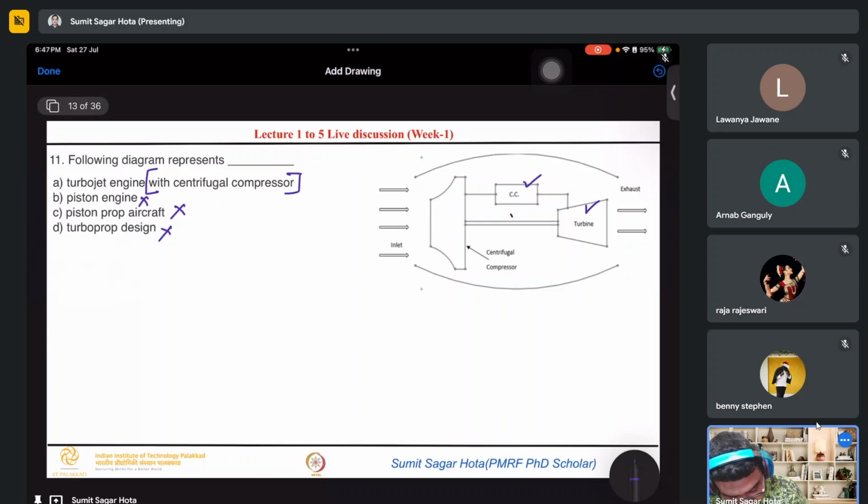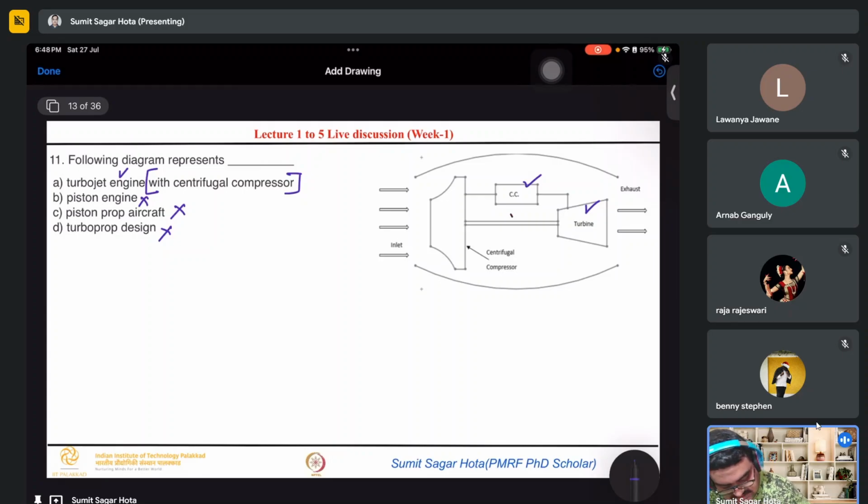So this is not a correct way of telling. Then the turbojet engine can be the case, because turbine plus combustion chamber is there and one compressor is also there. So it's obviously a case of what? Turbojet engine. Since it consists of a centrifugal compressor, it's a turbojet engine with centrifugal compressor.